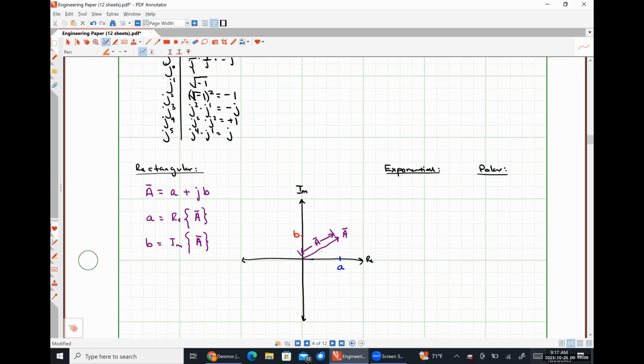And this complex number forms some angle with the positive real axis as the reference point. Okay. So in exponential form, our complex number would be written as the magnitude e to the j theta a.